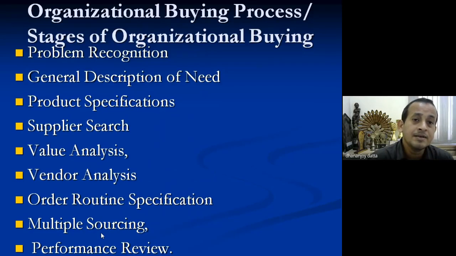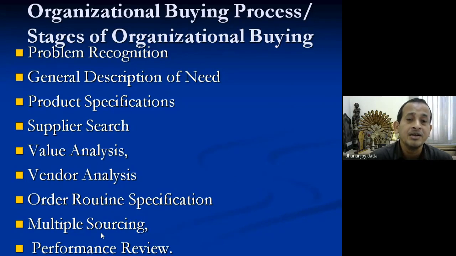Now we'll discuss the organizational buying process, or stages of organizational buying. A question may come: explain the organizational buying process, or discuss the stages of organizational buying. Organizational buying consists of different stages or steps. The first step is problem recognition.